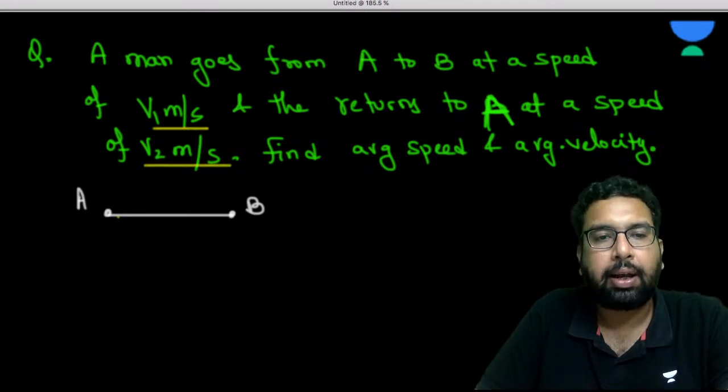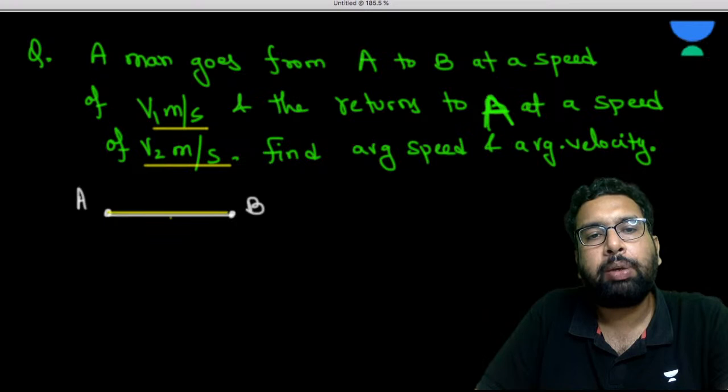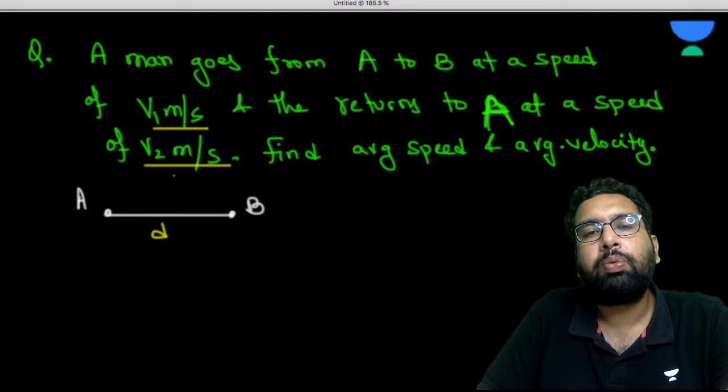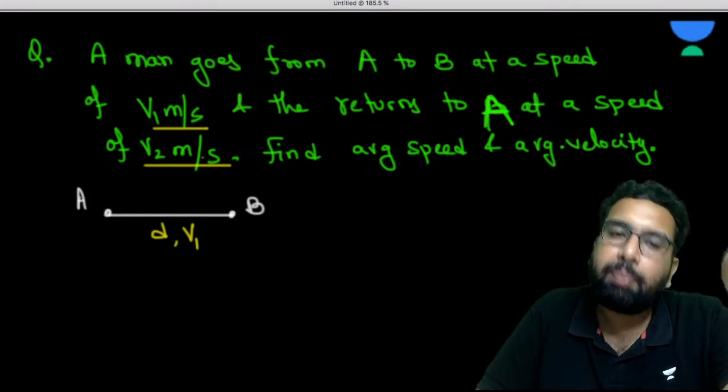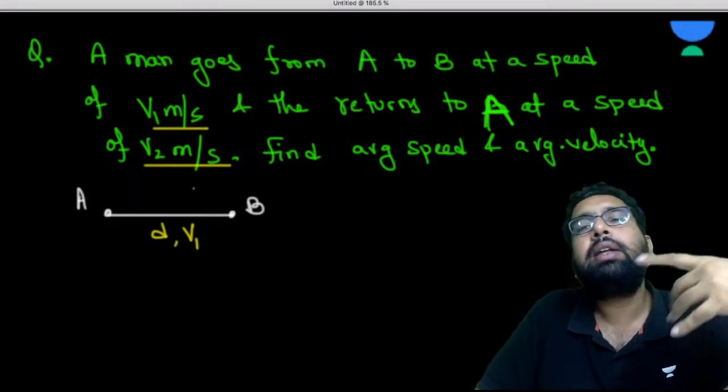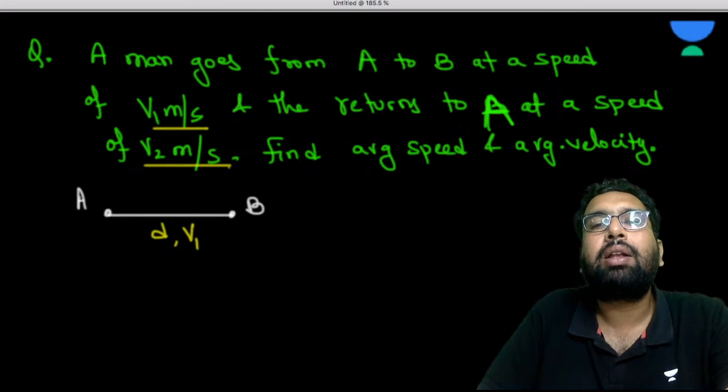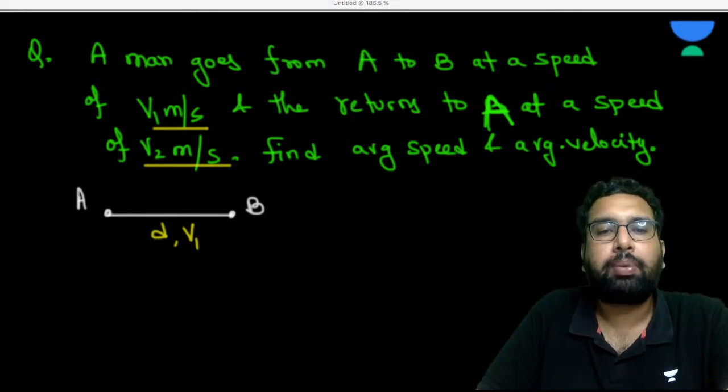So let's suppose the distance he has taken is d, and he moved d with a speed of V1. Then he came back to A. So again he has moved the same distance but at a different speed, right?